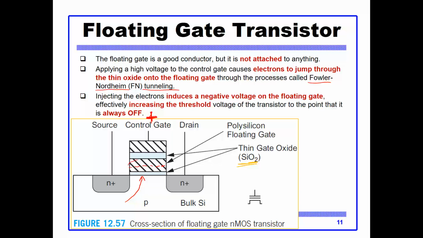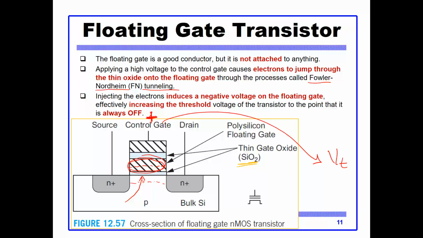When I pull electrons and trap them in this layer, effectively the VT for this device increases, because to turn on the device and establish a channel, I first have to compensate for these electrons, and then I can establish the channel, meaning my VT will increase.